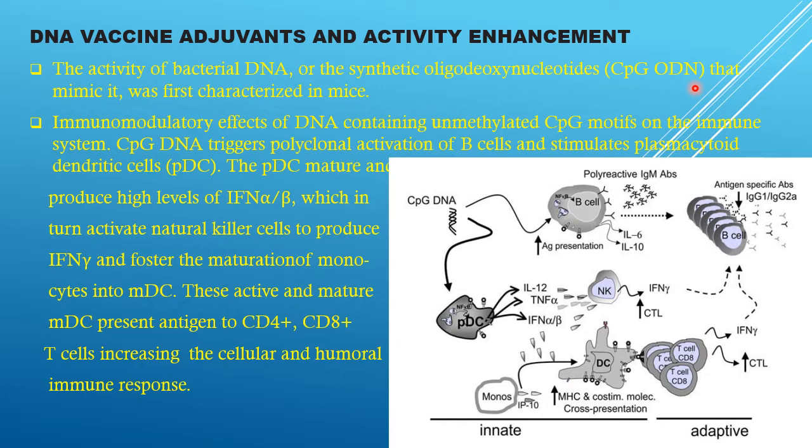They stimulate polyclonal B cell activation characterized by cell proliferation, reduced apoptosis, secretion of interleukin IL-6, IL-10, and polyclonal immunoglobulin M, and upregulation of co-stimulatory molecules such as class 2 major histocompatibility complex MHC, CD80, CD86, CD40.